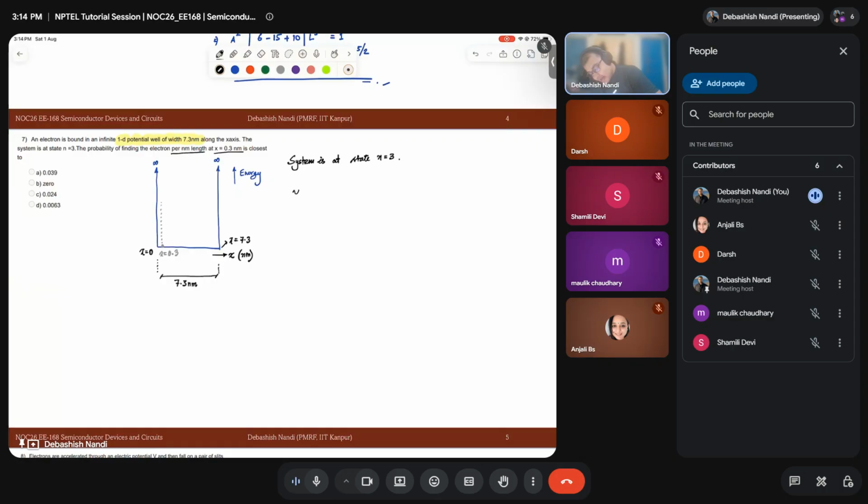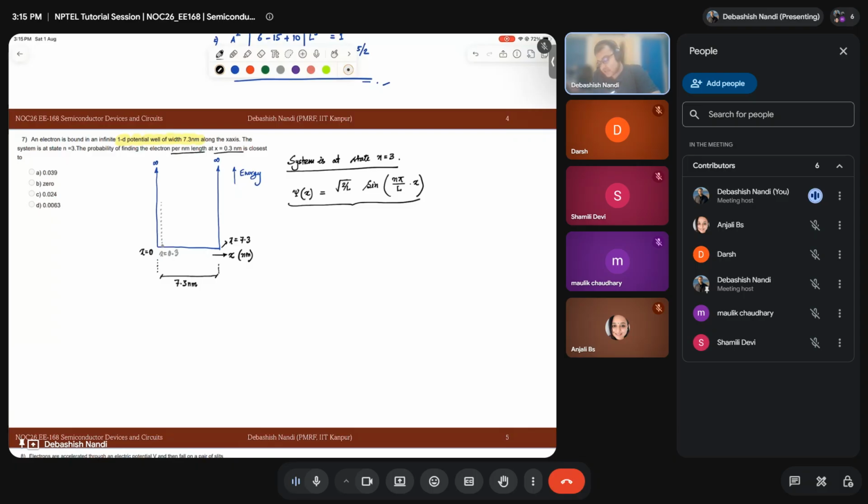So if you remember, we have solved the Schrodinger equation. I'll save myself from solving it again. And if you remember, the equation was of the form square root of 2 by L, times sine of n pi by L times x. This was the solution of the Schrodinger equation in a 1D potential well.